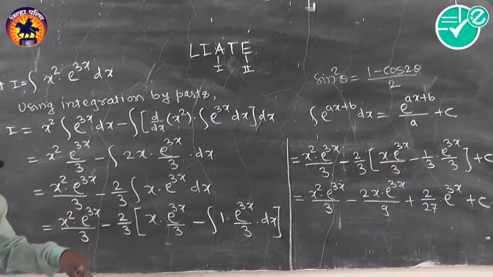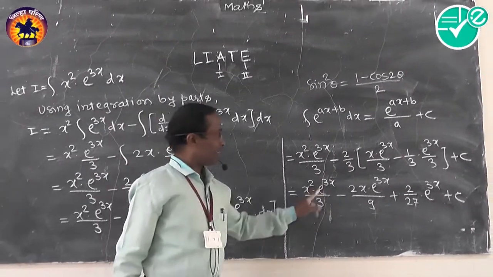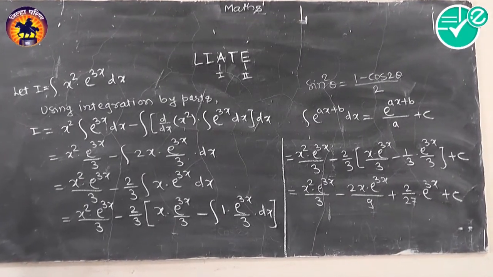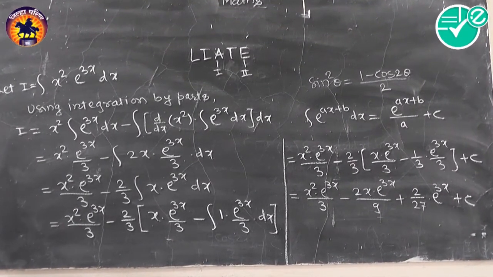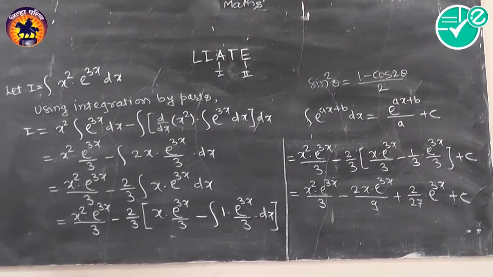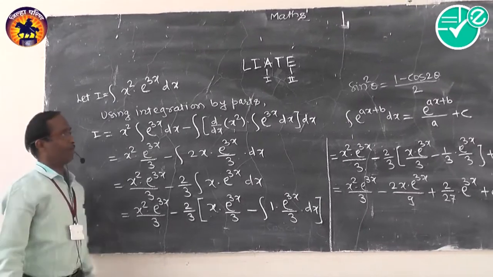So this can be also written as e to the power 3x upon 3 into x square minus 2x upon 9 plus 2 upon 27 plus c. Hence the solution of this example.